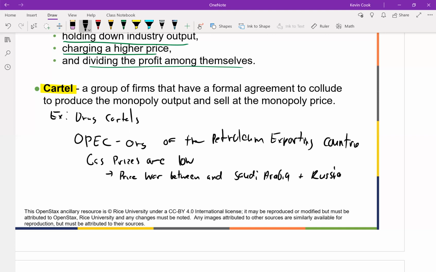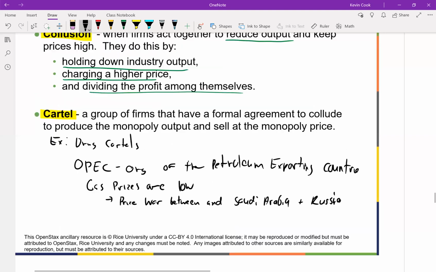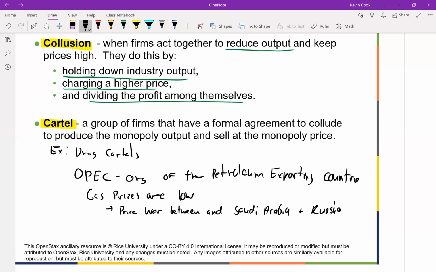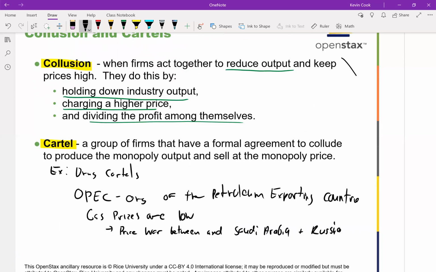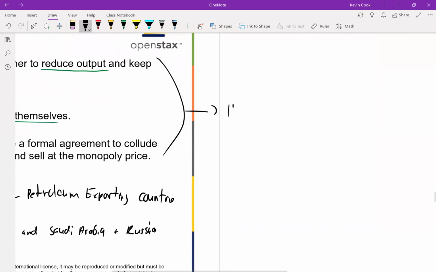So cartels, again, a group of firms, have this agreement to do that. So one of the big things we'll see is that both of these are technically going to be illegal in the U.S. on the grounds of uncompetitive practices.